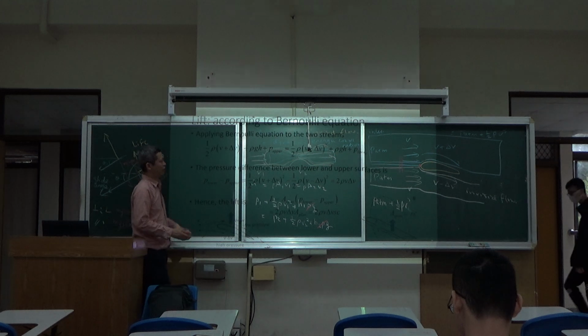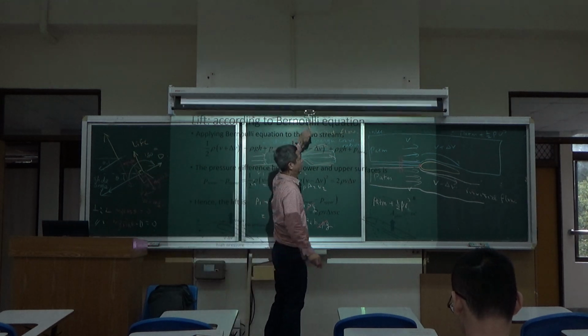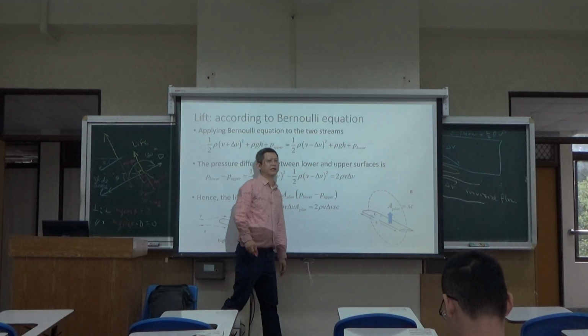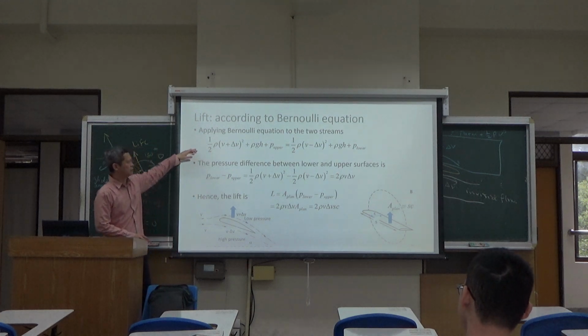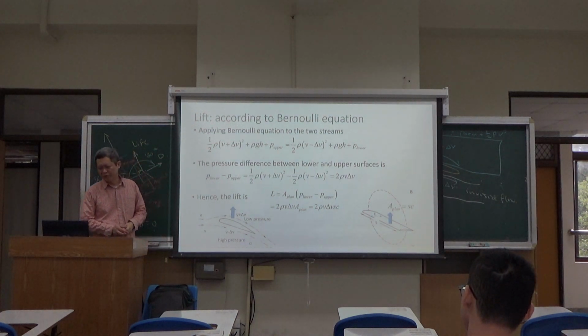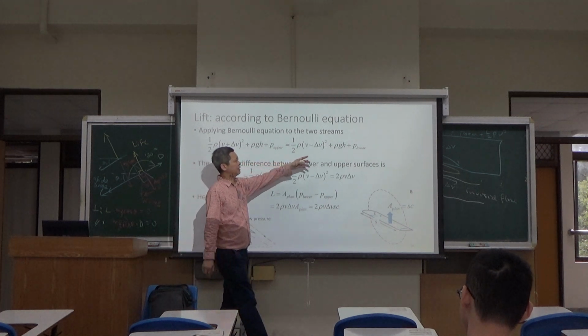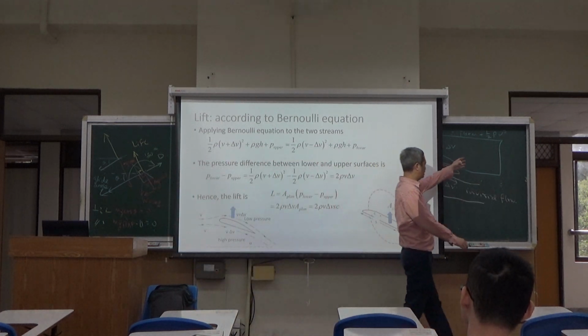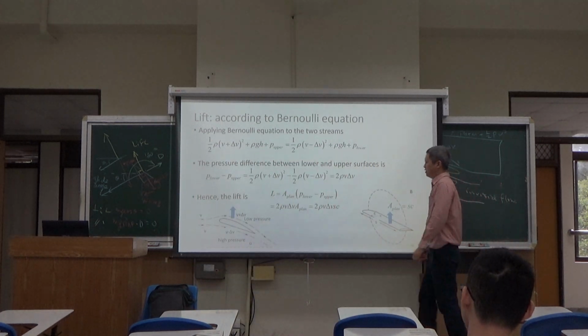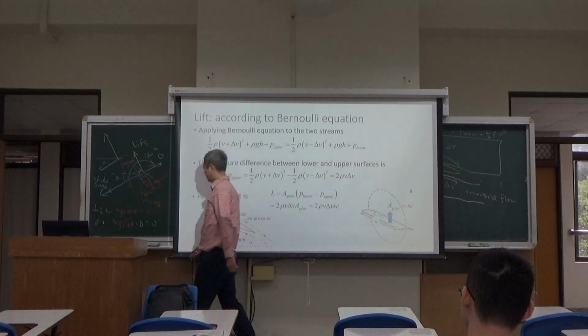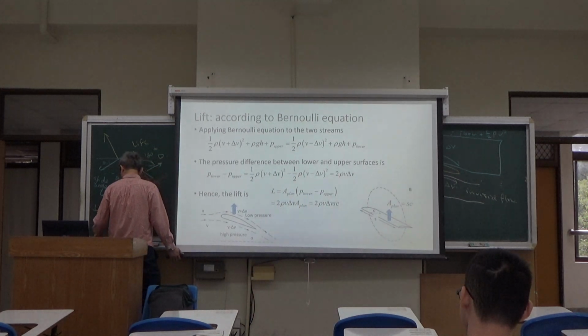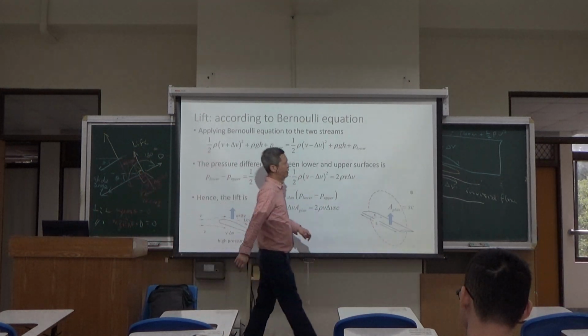Okay. So you come to this writing, but it's just a numerical identity. In this case, because it's one top, one bottom, you have the hydraulic height difference, so then you have to add on rho g h for the upper and rho g h for the lower.